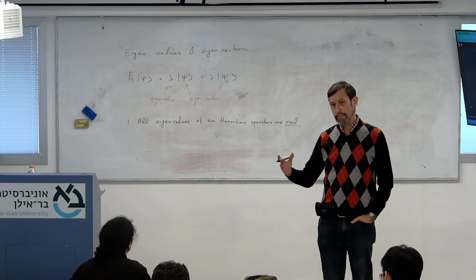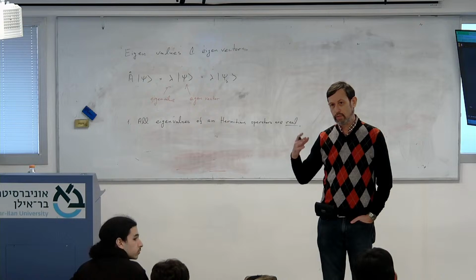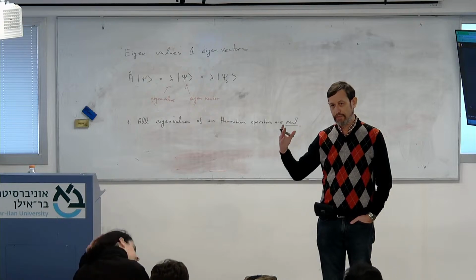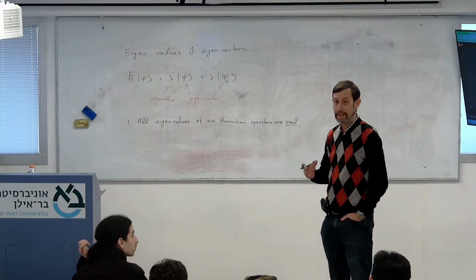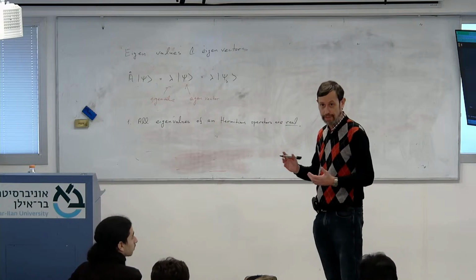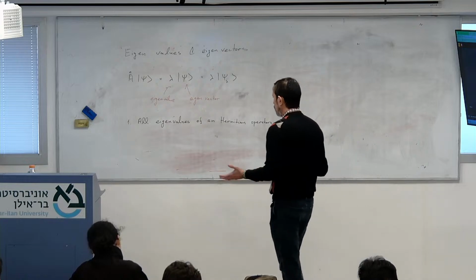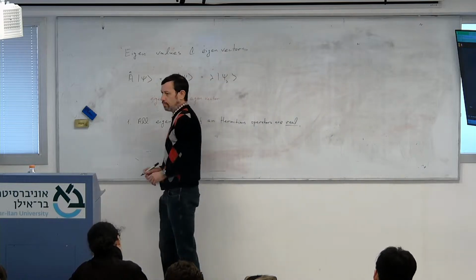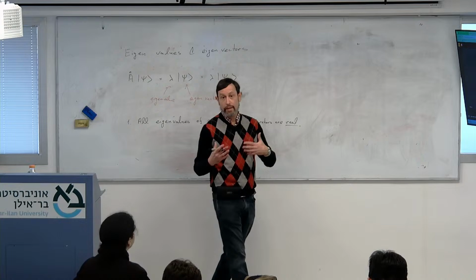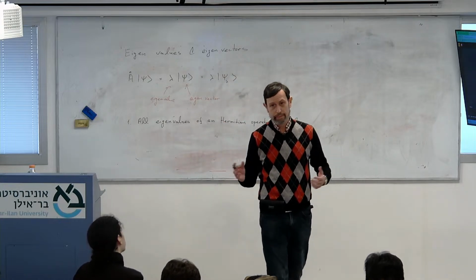From here it is clear that any operator that represents a measurable physical quantity has to be Hermitian. If someone gives you an operator which he claims can be measured and it's not Hermitian, it's wrong.